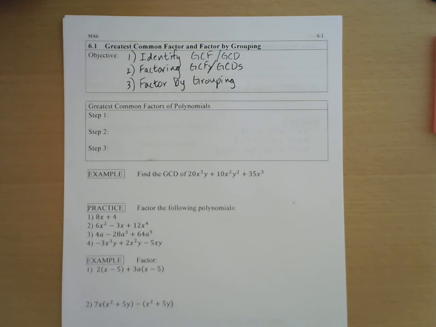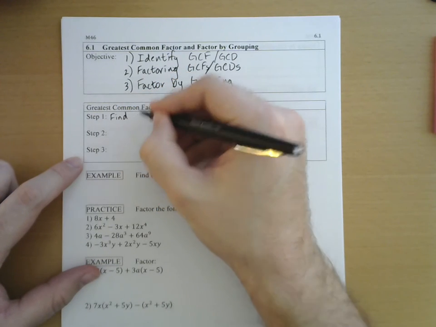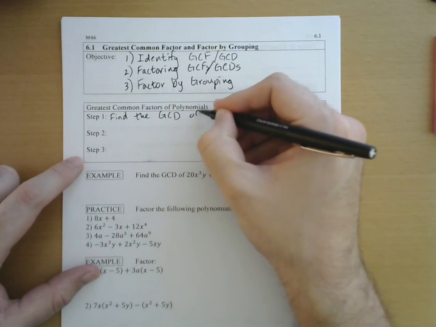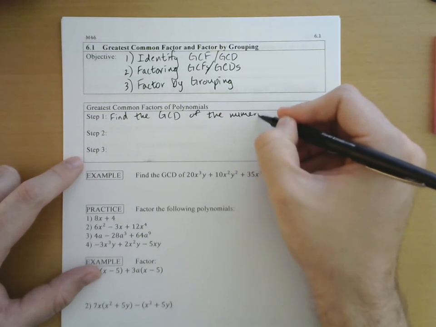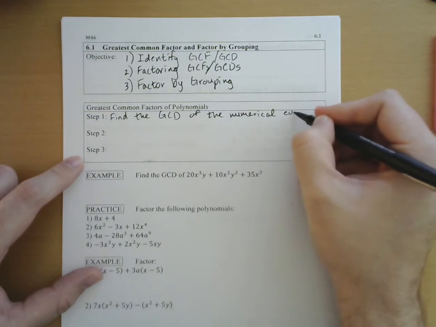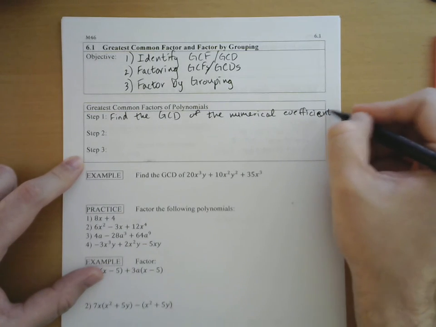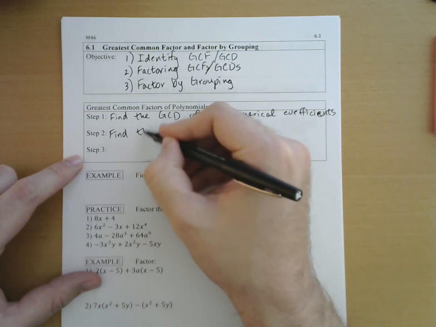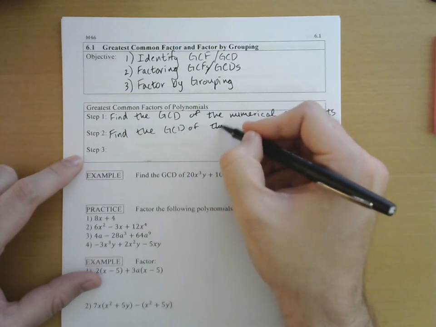When you're finding greatest common factors or greatest common divisors of polynomials, the first step is to find your greatest common divisor of the numerical coefficients. The second step is to find the GCD or GCF of the variable terms.